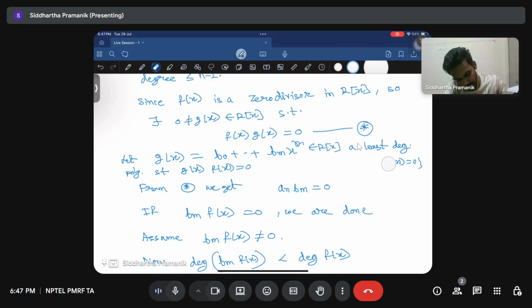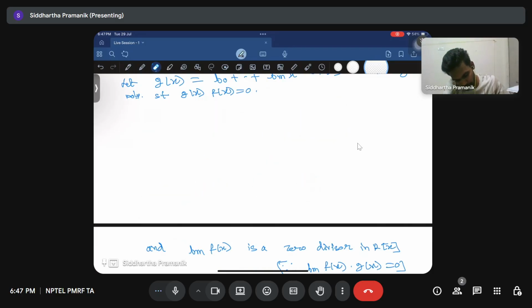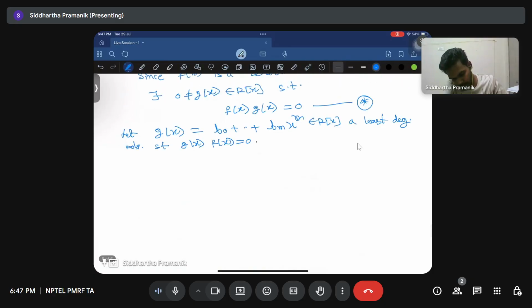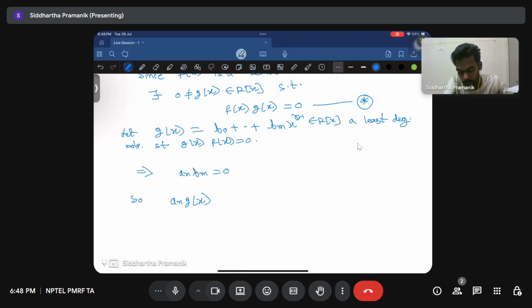That is what we are assuming for g. Now f(x) times g(x) is 0, so from this we can say an bm is 0 because it's a leading coefficient, that we have already seen. So an g(x) is a polynomial which annihilates f.